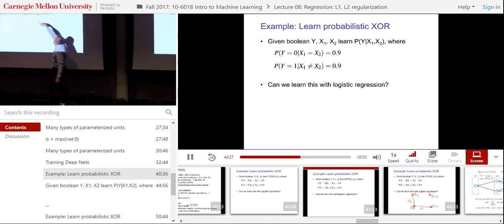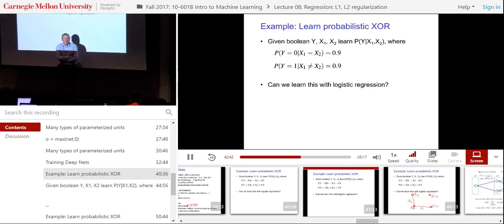So this is just that, but probabilistically. In my training data, 90% of the time my training examples will output a 1 in this case, and in the other 10% they'll output a 0, and similarly there. So it's a probabilistic, non-deterministic function I want to train.